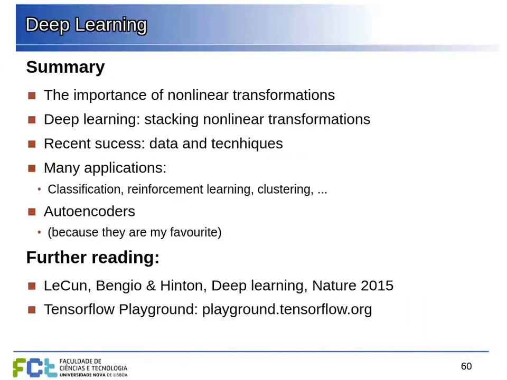So to sum up, we saw again the importance of nonlinear transformations, but in the case of deep learning, we are stacking a large number of trainable nonlinear transformations, and this is what allows us to deal with unstructured data, with data that is not a set of chosen features in a neat table, but rather raw data that can be very complex, like images, sounds, text documents, and so on.